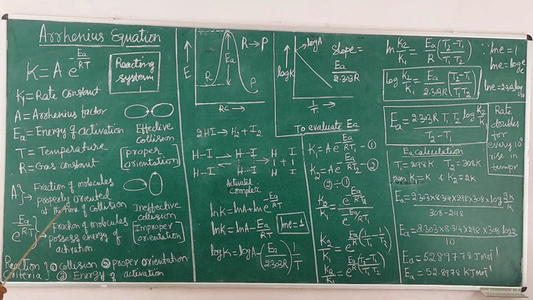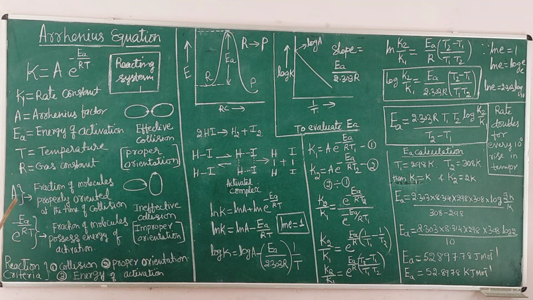So here the frequency factor, the Arrhenius factor, says what fraction of molecules are properly oriented at the time of collision, and what fraction of molecules possess energy at the time of collision. Then collision is a must. Without collision, no reaction.